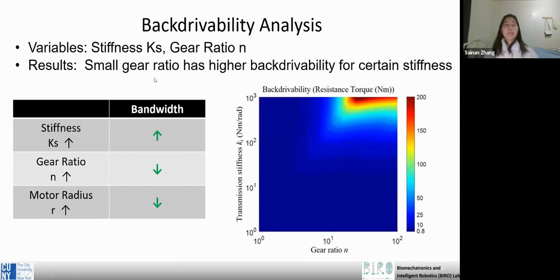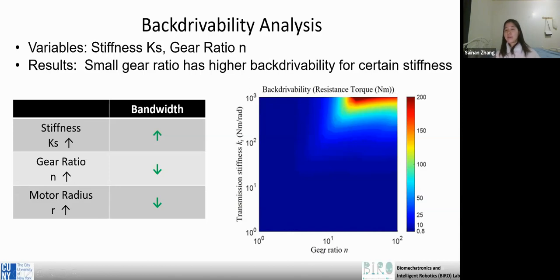And for the backdrivability analysis, we already set the two variables, the transmission stiffness Ks and gear ratio N, and we can compare the three kinds of actuator diagrams. We already know that for backdrivability, a smaller resistance torque is better.